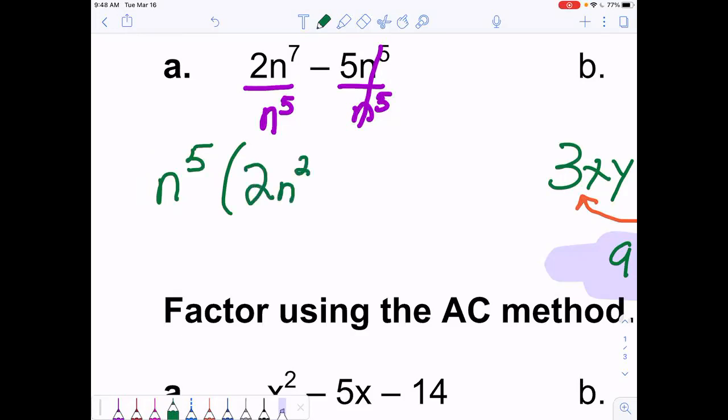Yeah, so you get 2 N's squared. And then N to the fifth cancels out, what's left? Shout it out if you know it. Five. Yeah. Good.